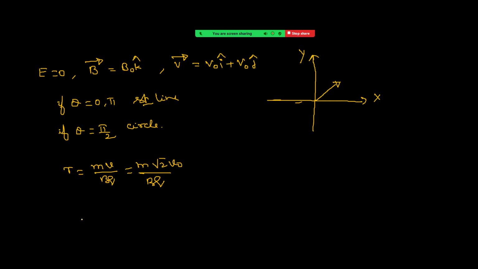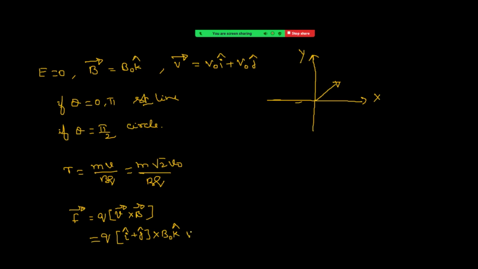Now see the direction of force. F bar equal to q into V bar cross B bar. So q into V bar, V naught i cap plus V naught j cap, so i cap plus j cap, cross B bar, B naught k cap.